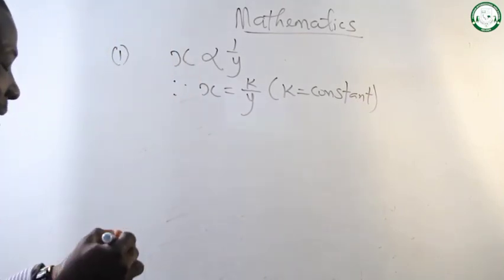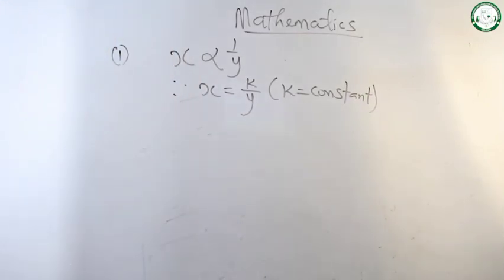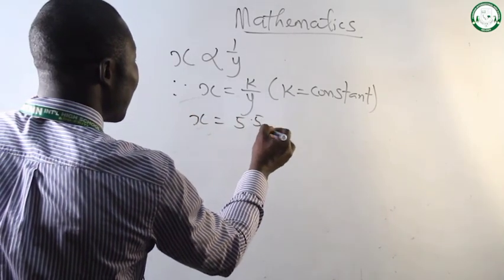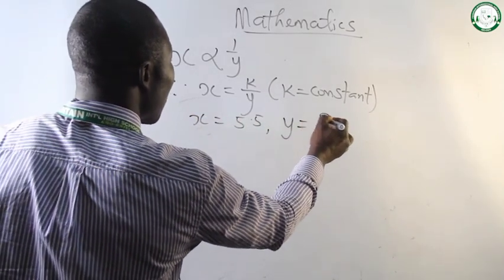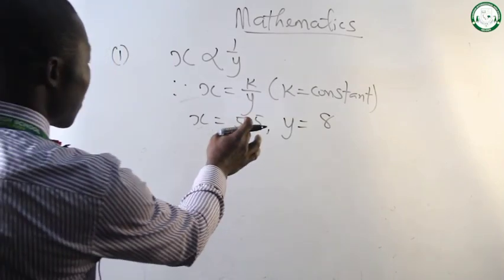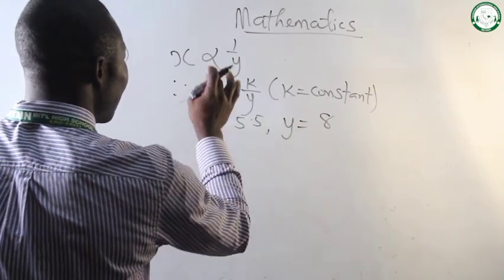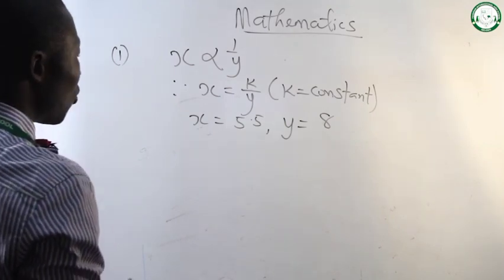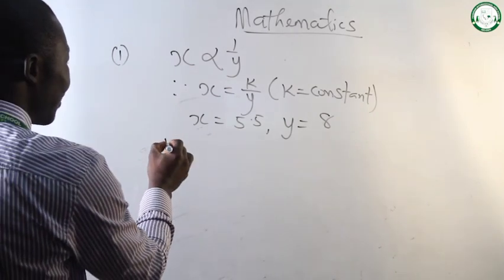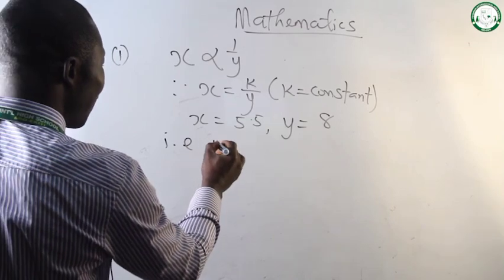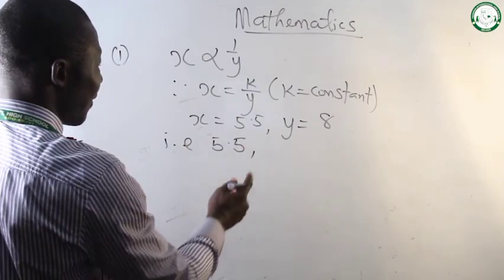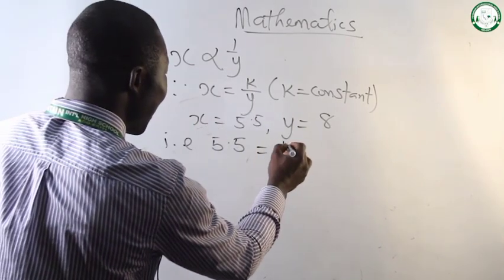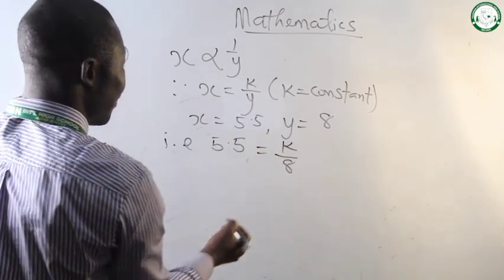The first statement that was given, x equals 5.5 and y equals 8. So we'll substitute this value into our k over y. That is, 5.5 will now be equal to k over 8.